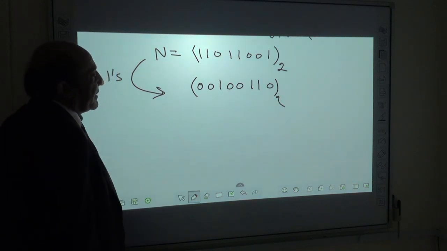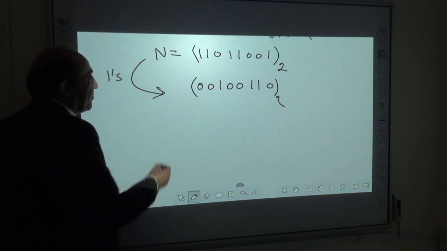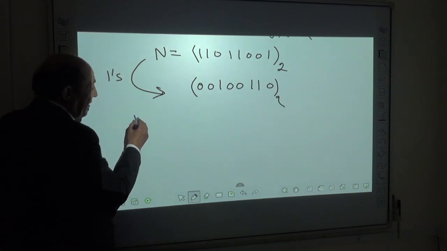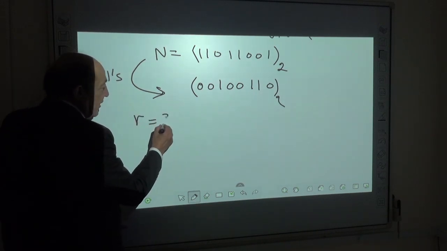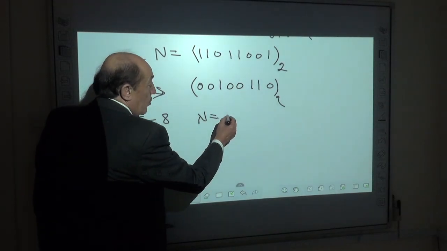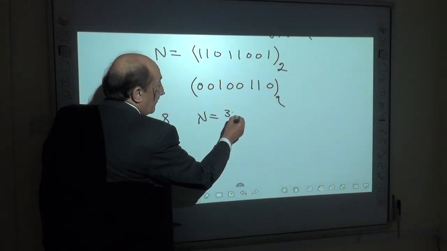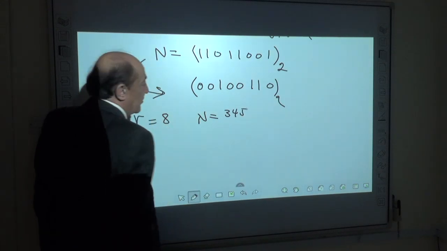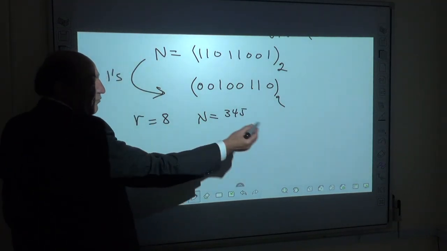In any numbering system, you can use the same rule. For example, if we have the number r equal 8 and the number n in octal equals 2, 3, 4, 5. We can apply the formula.